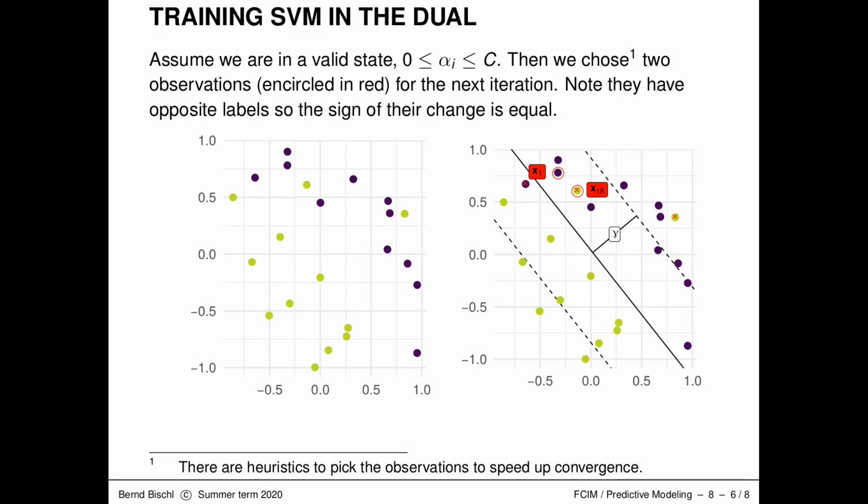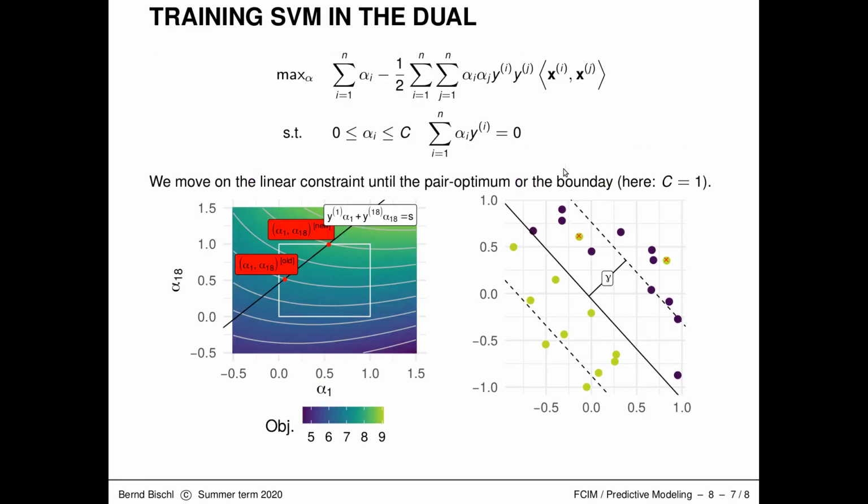And I can also observe that because the labels of these 2 points here are opposite, I have to apply an equal change to both variables even in their sign. So as I said before, the change is going to be equal anyway in terms of the absolute value, but it's also now going to be equal in terms of the sign. So for example, I could increase both of these here. And we'll see that exactly this is going to happen.